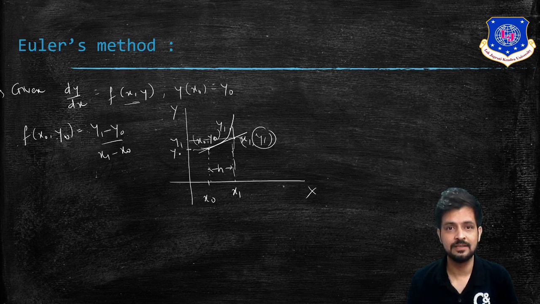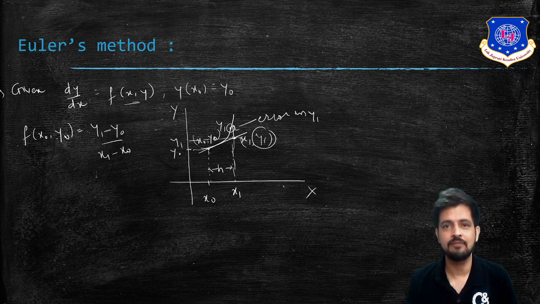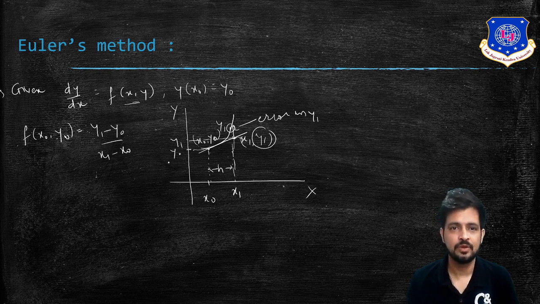So we can say there is error in Euler's method. The actual value of y1 is this, but we are getting the value of y1 here. So there is some error in the value of y1 or y2 and y3 and so on. Let us first derive the formula for Euler's method.